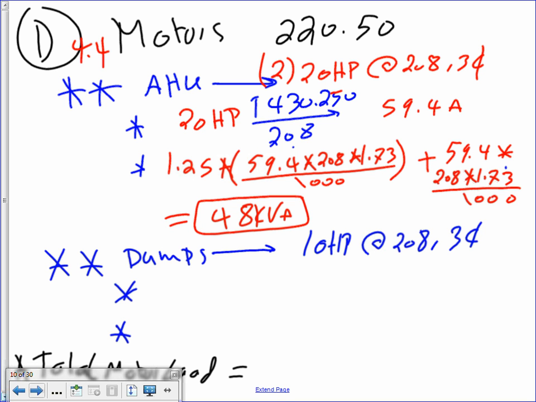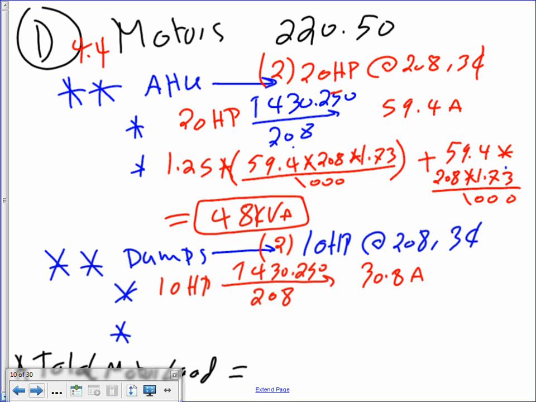For the pumps, I also have two pumps, 10 horsepower each. So when you do the pumps, you take the 10 horsepower to the same table, table 430.250 under 208, and that will get you a healthy 30.8 amps.